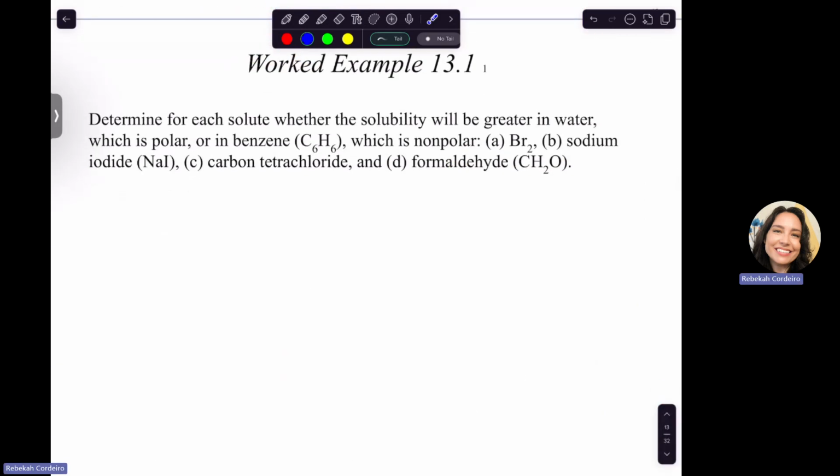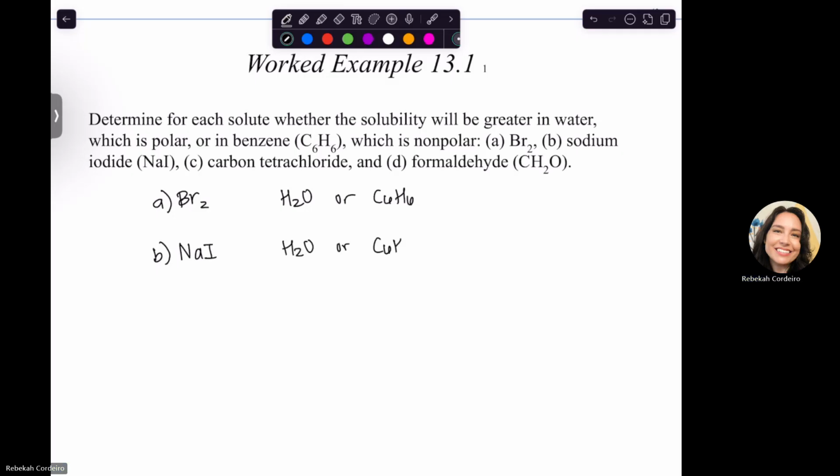All right, we're going to do this problem. We're going to consider each of these. So you're going to consider bromine. Would it be more soluble in water or benzene? And we're going to do that for each of these. Sodium iodide, water or benzene.